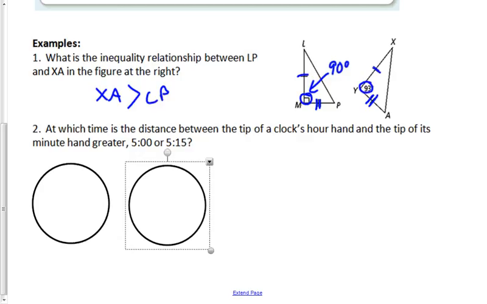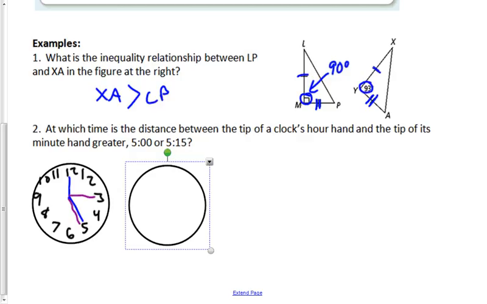So 5 o'clock. That's the 12 up there. We have the 6 here, the 3 here, and the 9 here. So 5 is going to be right about here. So our 5 o'clock is going to go here and here. And I'm actually going to use the same one. I changed my mind. I don't need that second one. 5:15 is going to be just past the 5 and then over at the 3, which makes 15.